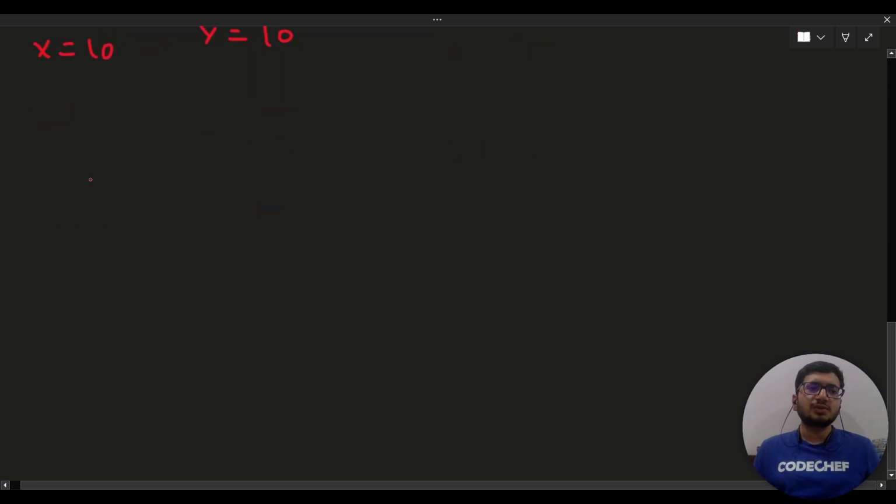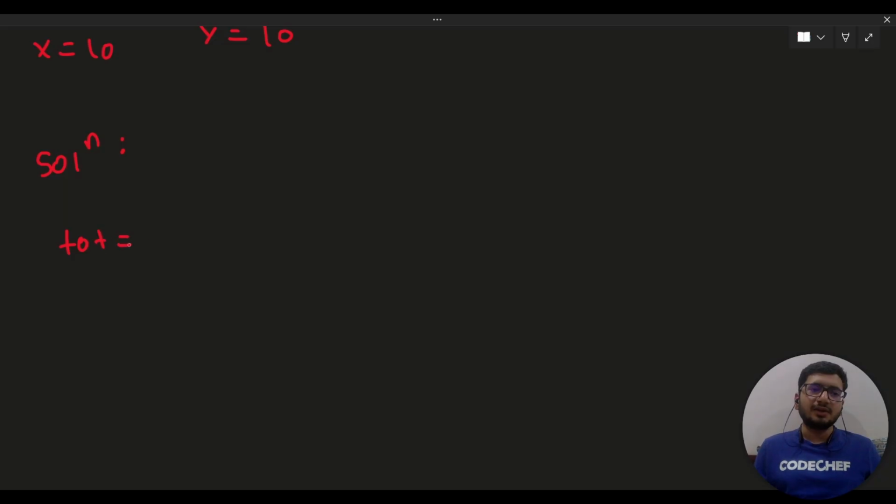Let's see how we can approach the solution. We know that the total count of people that we have here is nothing but g plus b. And if we want to find out the minimum number of rooms that is required for us, what we can do is we can simply divide it by n, take its ceiling value, and we'll get the minimum number of rooms that is required to fit all of them.